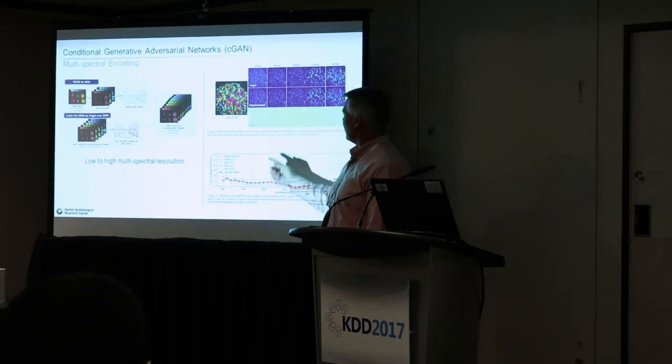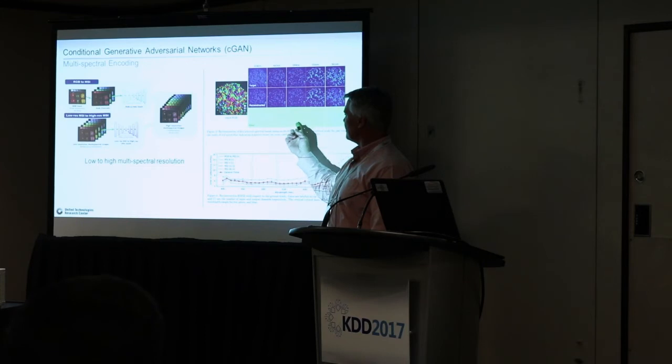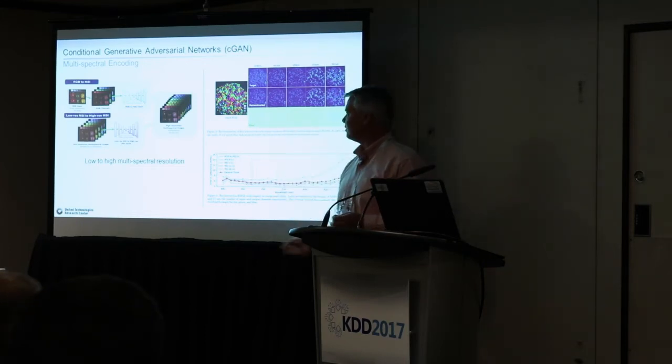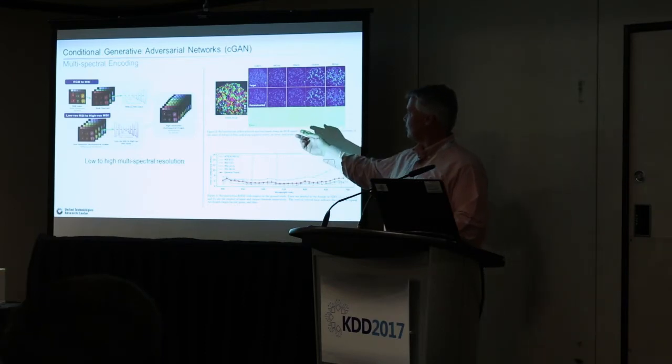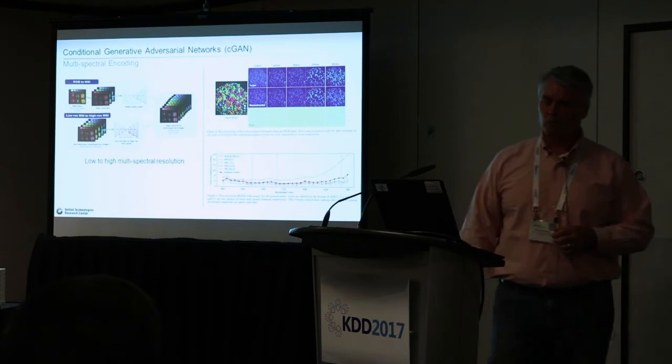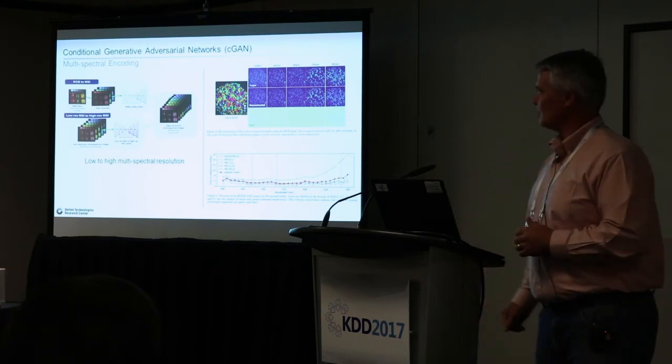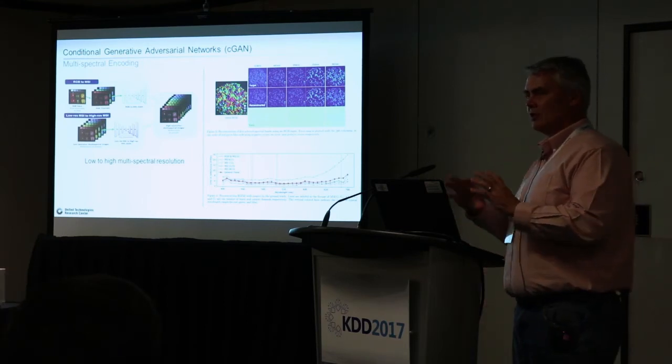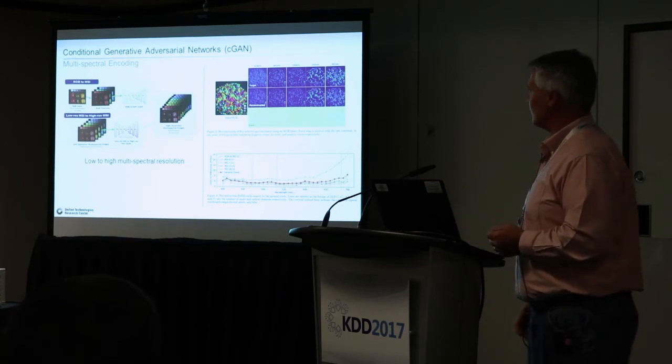But if you look at the error curves down here, green being no error and the blue being positive errors, you can see that it has actually done a good job at separating out the spectral bands, just looking at it visually.